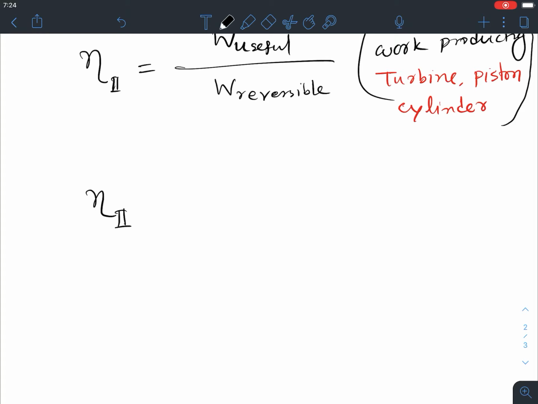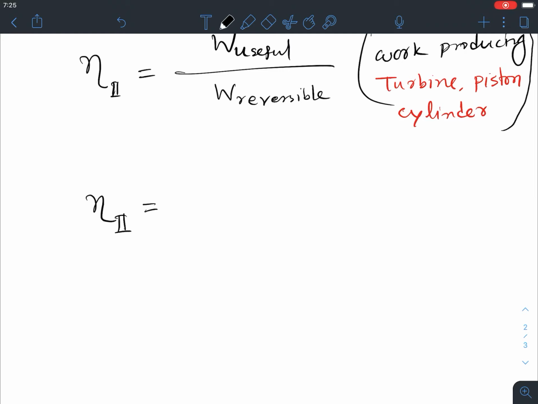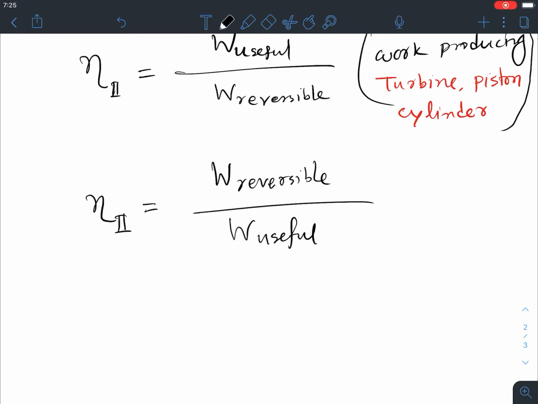What if I ask you what is the second law efficiency for a work consuming device? In a work consuming device, we know that W reversible is always smaller than W useful, right? So in that case, W useful is the input, and W reversible is the output.